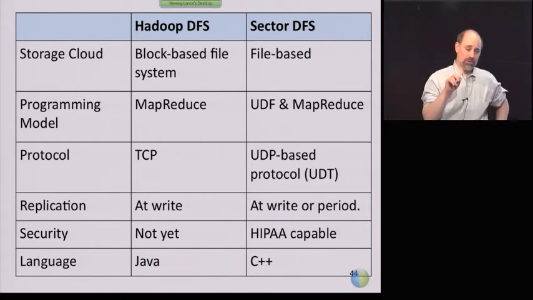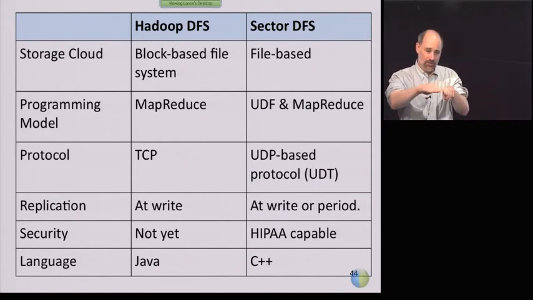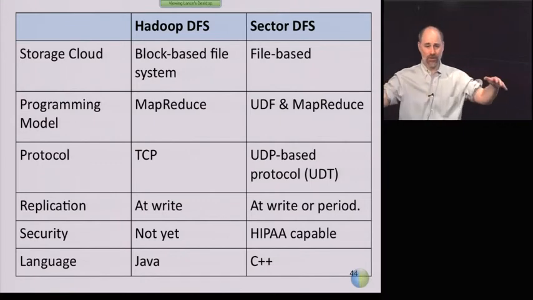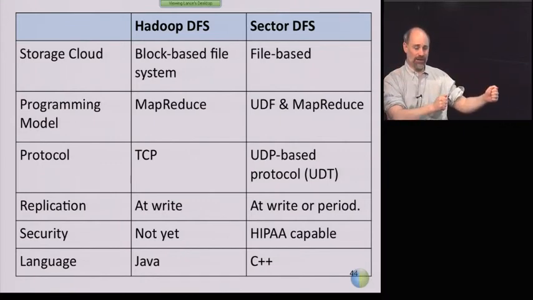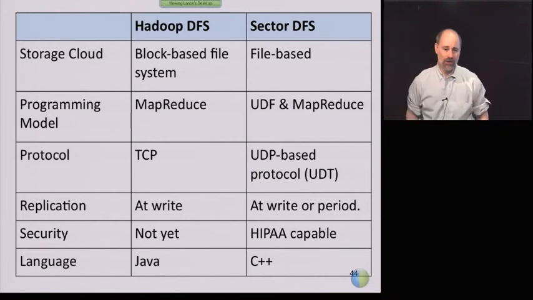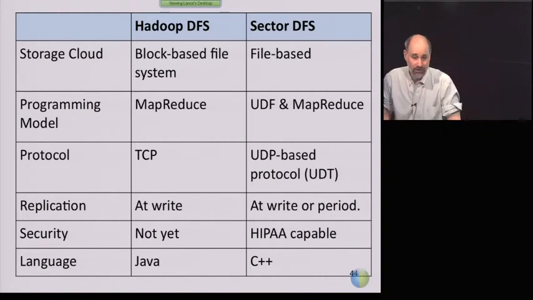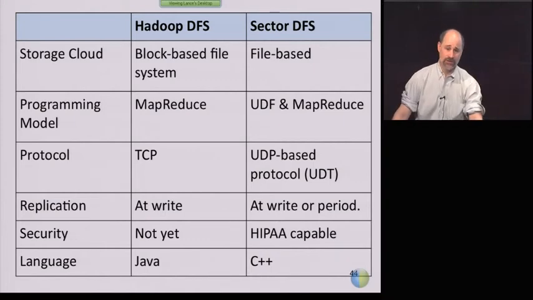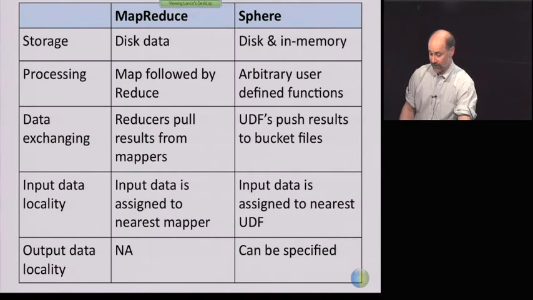You could also configure it so it writes once and then there's a heartbeat, and a couple seconds later, whatever duration you want, it will make sure there are replicas out there. That simple idea of using a heartbeat instead of always writing n copies can be very helpful sometimes. The security is built in already, because in biology we have to work with data that's secure, and it's written in C++, not Java.